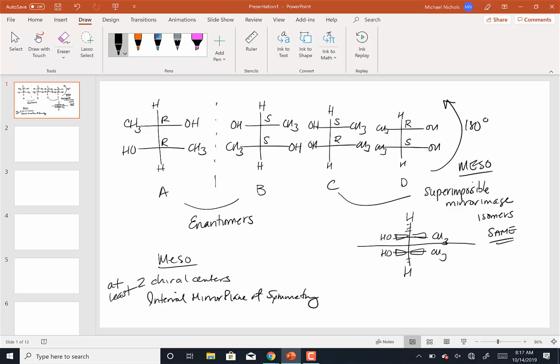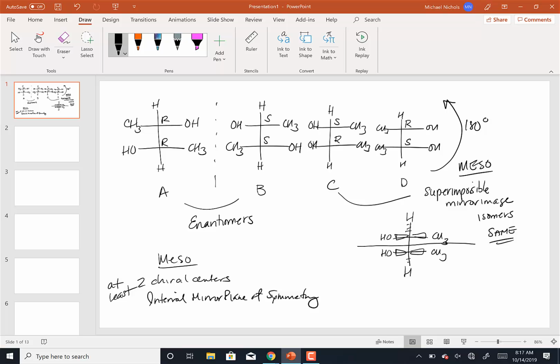Okay. So when we cut the molecule in half with an internal mirror plane of symmetry, it will be meso if it has chiral centers. Now, anytime the mirror plane of symmetry cuts through a carbon, that carbon is not chiral. Okay? So you can't have the mirror plane cutting through what would have been chiral carbons, because they're not chiral anymore.